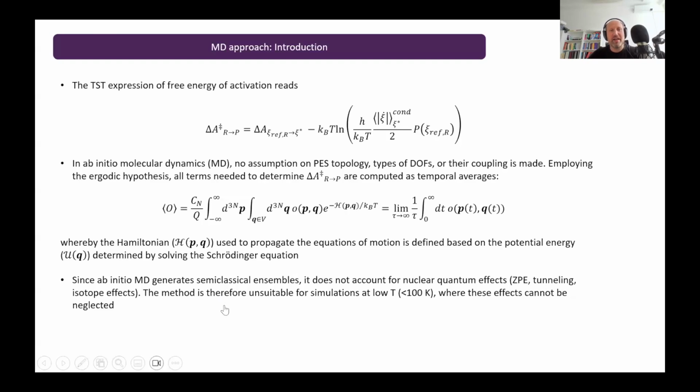That also means that the ensembles that we are producing in ab initio molecular dynamics are semi-classical ensembles. That also means that by these techniques, we are not able to take into account nuclear quantum effects such as zero-point vibrations or tunneling. This is a limitation of the method. It's not suitable for simulations at very low temperatures where these effects cannot be neglected.